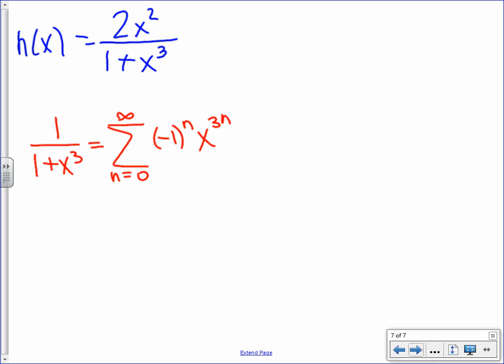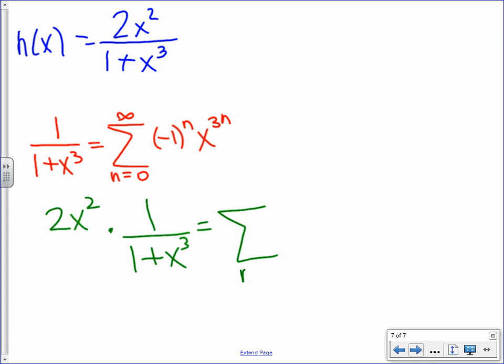So if we want 2x squared times 1 over 1 plus x cubed, essentially, then we can take this power series and multiply 2x squared to it. That's just the first term, the 2x squared, because it's in the numerator.